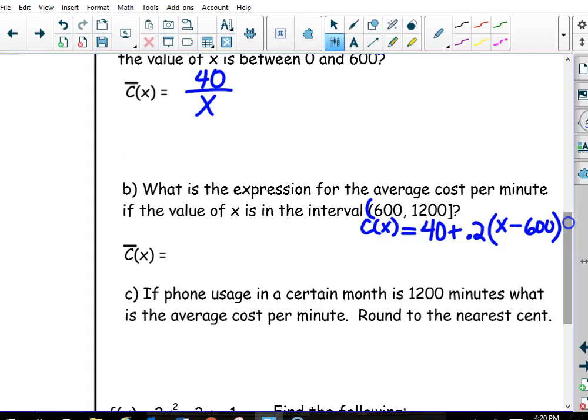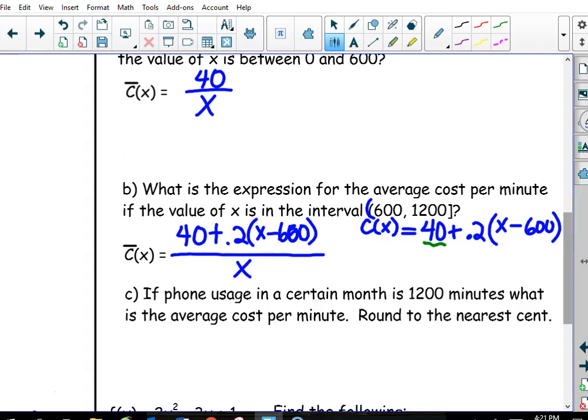And again, that total cost includes the first 600 minutes with the 40 right here. So my average cost is just going to be that expression divided by X.